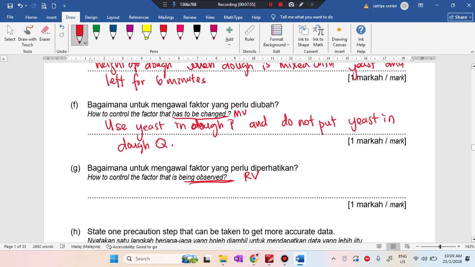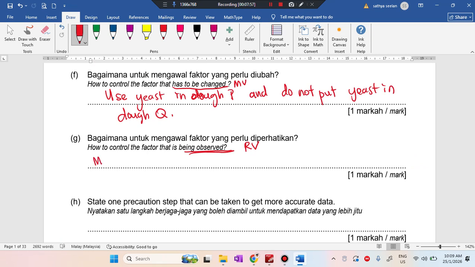So measure and record your responding variable, that is the height of the dough. You also need to state the apparatus. Height means what apparatus? You use a ruler. Height of dough using ruler.